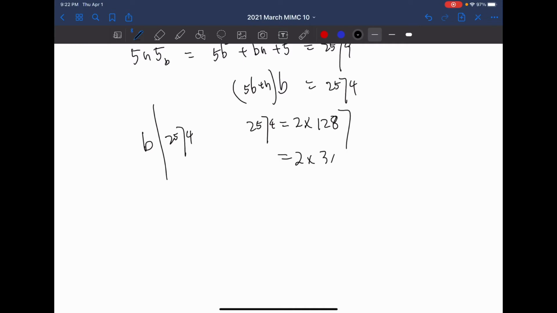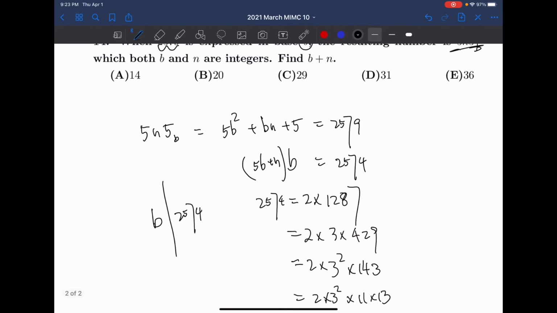So 2 times 3 times 3 times 143, and 2574 divided by 2 is 1287. Let's see what 1287 can be divided by. 2, no. 3, yes. It can be divided by 3, resulting in 429, and again by 3, resulting in 143. And we clearly know that 143 is equal to 11 times 13.